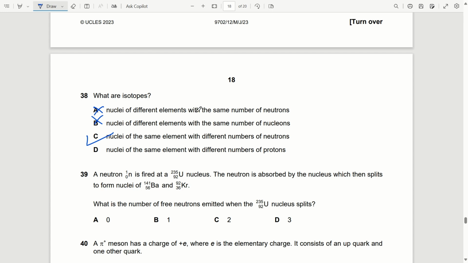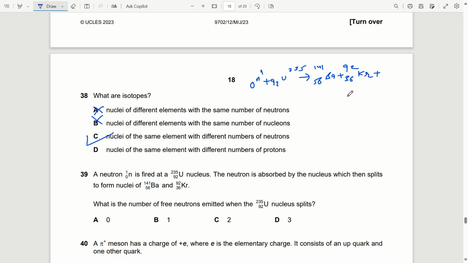Question 39. A neutron is fired at a uranium nucleus. The neutron is absorbed by the nucleus, which then splits to form nuclei. This means this equation is given: 0, 1 n plus 92 uranium 235 will give 56 barium 141 plus 36 krypton 92 plus some neutrons.